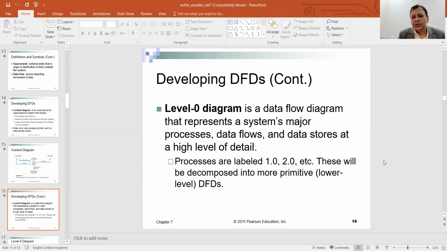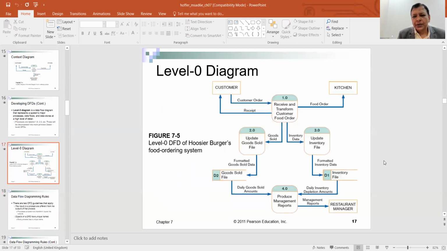The level 0 diagram is the next diagram in the data flow diagramming technique. For example, in the level 0 diagram, the customer entity, kitchen entity, restaurant manager entity, and processes. We break down the main process into sub-processes like 1.0, receive and transform customer order.